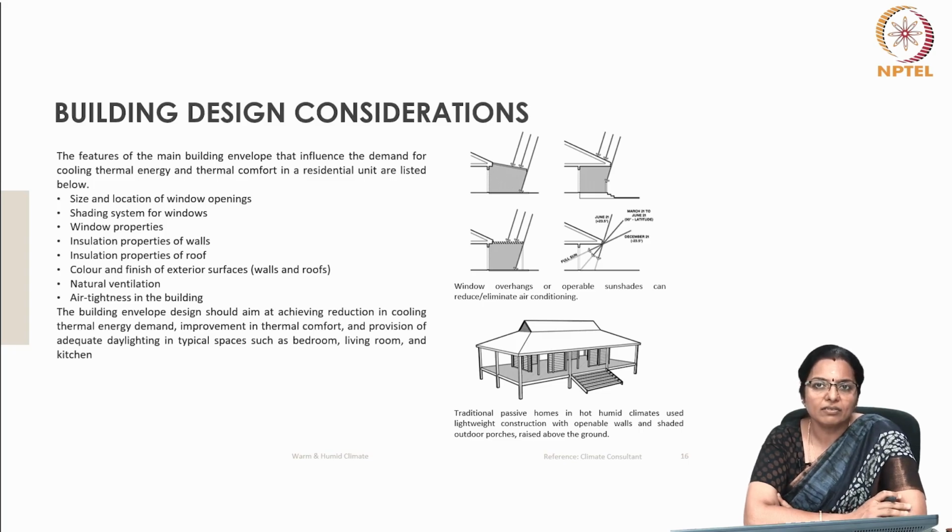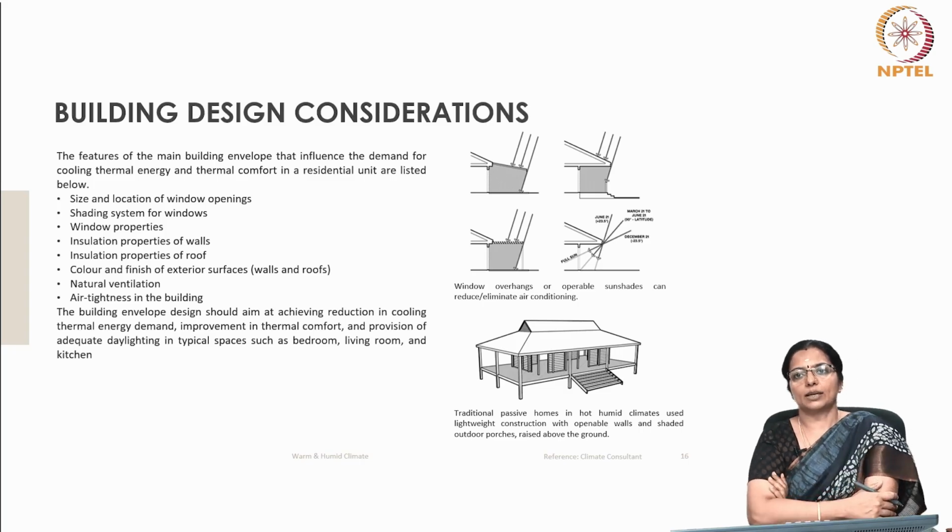A reflective upper surface, a double roof with roof ventilation, a ceiling with its upper surface highly reflective, and heavy insulation, these can provide good resistive insulation. The roof and ceiling should have low thermal capacity.